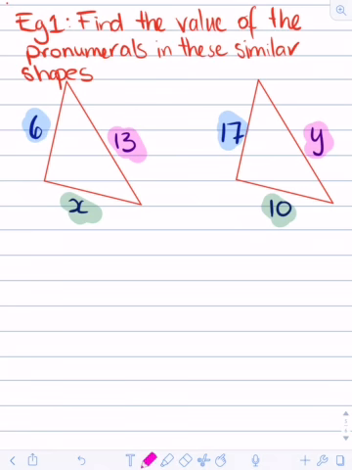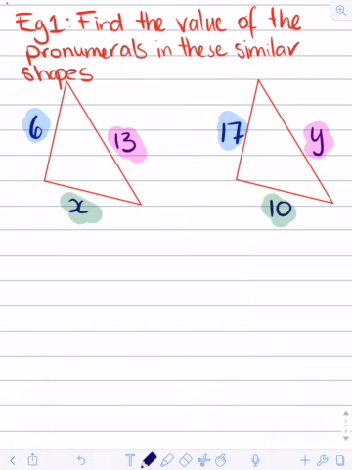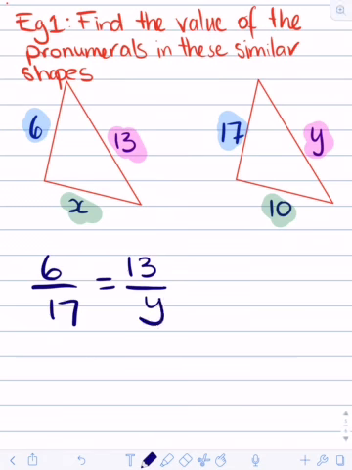So let's have a look at the first one. If I use 6 and 17, I would have 6 over 17 equals 13 over y. You'll see here, I have done shape A, we can label this, on top, and shape B on the bottom.